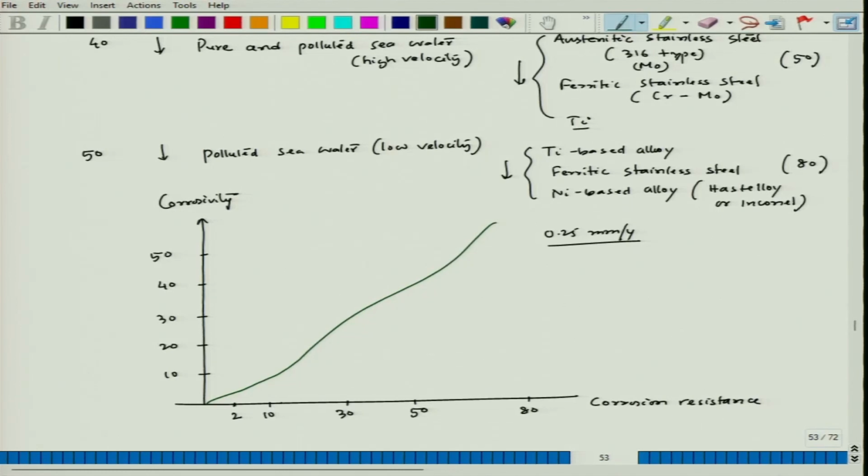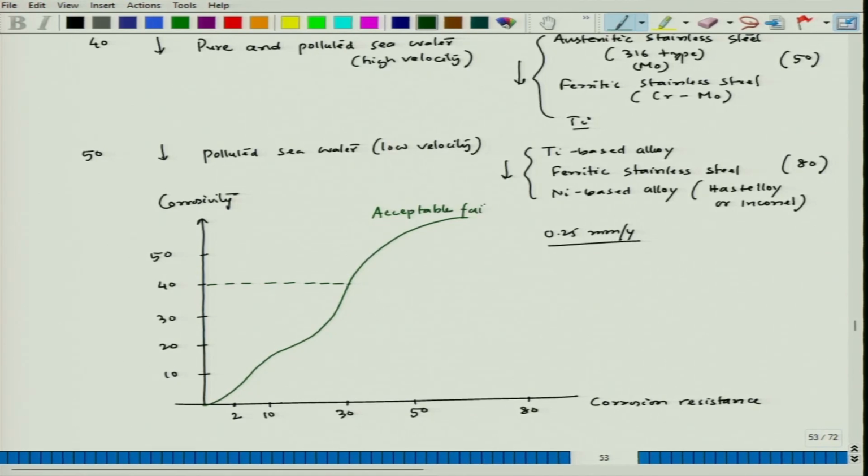So let us say I go like this, let us say I go to 40. This is the acceptable limit, the acceptable failure rate plot. Okay.